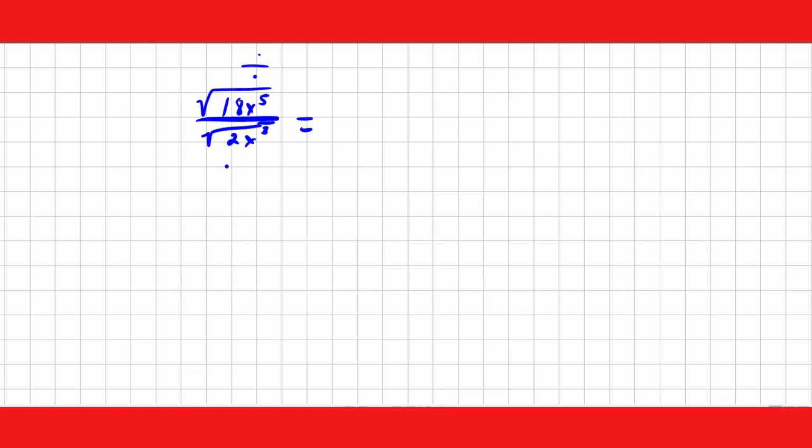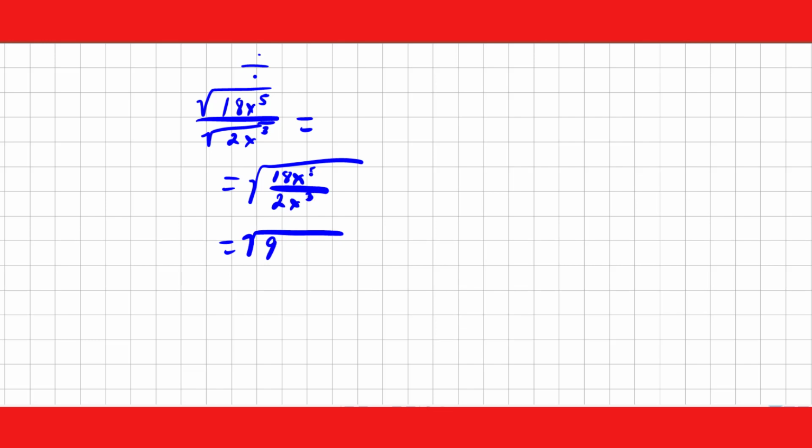So what you can see here is we've got 18x to the 5th over 2x to the third. What I'm going to do is place it as one big square root, so 18x to the fifth over 2x to the third. Now, 18 divided by 2 is going to give me 9.